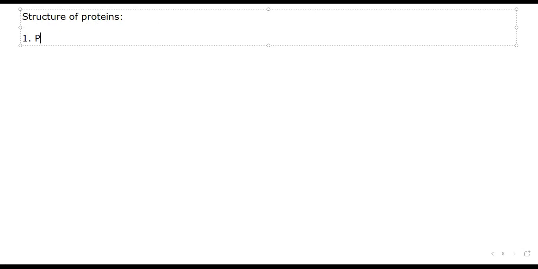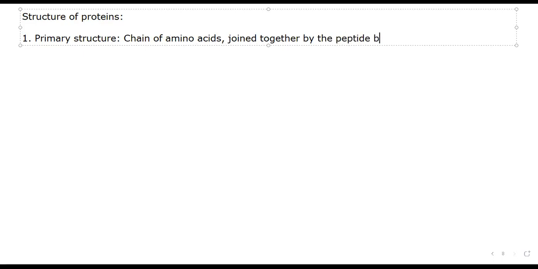Now, when I start to make the protein, the first step is to join the amino acids with each other. That is known as the primary structure. What is the primary structure of protein? It is simply a chain of amino acids joined together by the peptide bond through the condensation reaction.